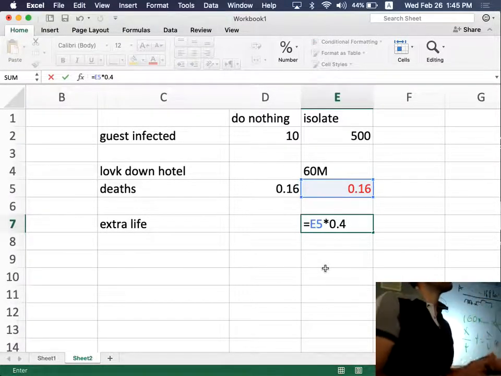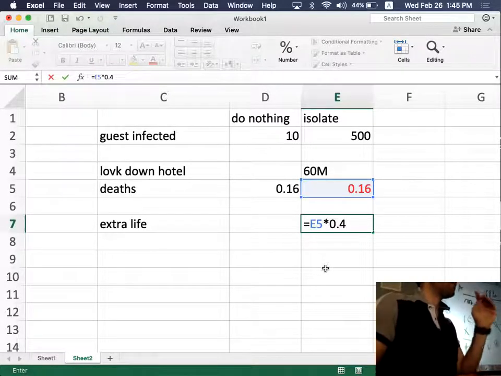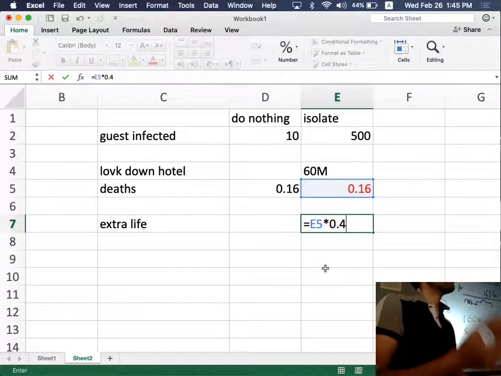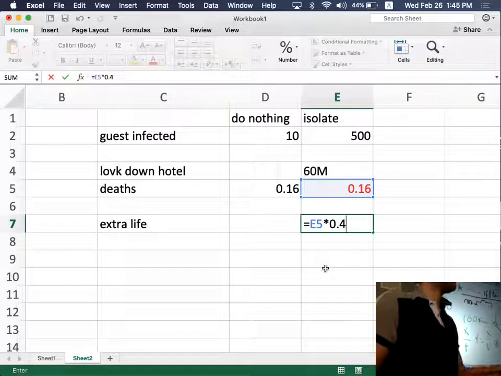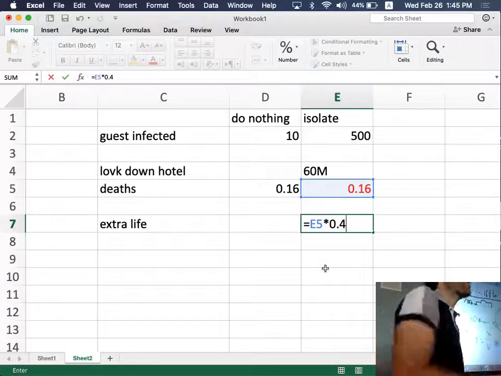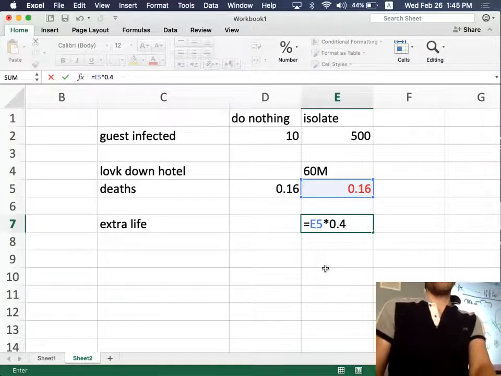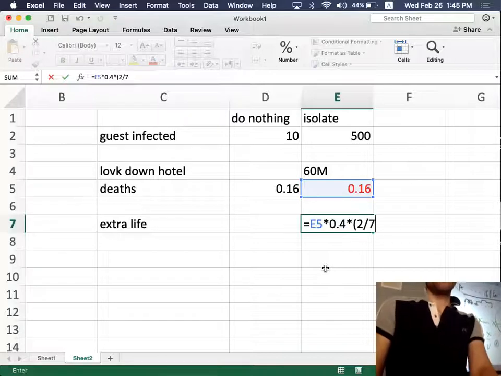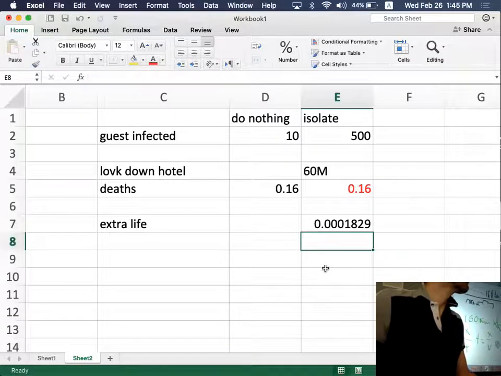So usually a person lives, what, 70 years? So 70 years is 700 months, more or less. And we're saying, look, we're going to extend your life 2 extra months. So that would be 2 divided by 700. Yes? This is the extra life we're giving.